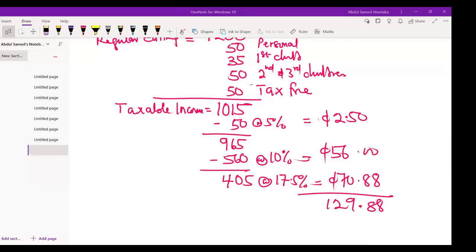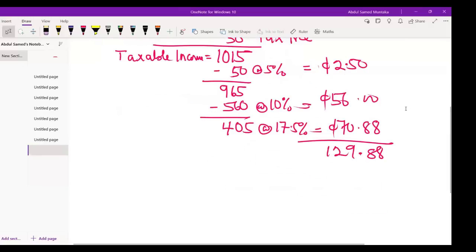Good. You have all done well. Now, we are going to show our regular tax is equal to 129.88. Now, let's come to overtime tax.